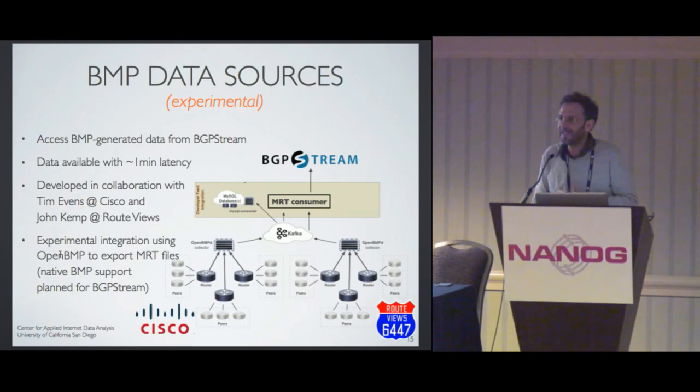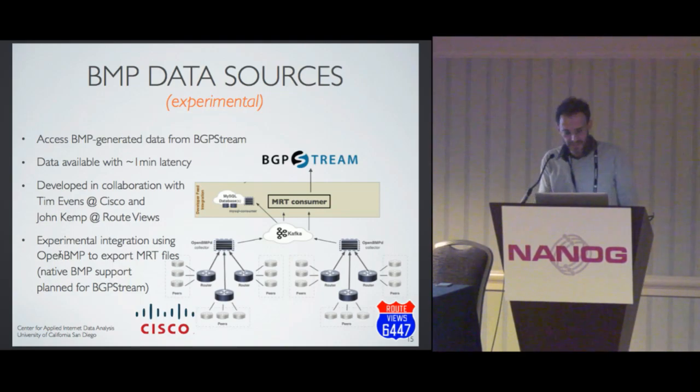The typical delay with which the application gets this data is between 5 and 15, 20 minutes. But here we experimented, for the BGP hackathon that we hosted last weekend in CAIDA, with a BMP feed to obtain about 1 minute latency. So with the help of Tim Evans from Cisco and John Kemp from RouteViews, we had this experimental deployment.